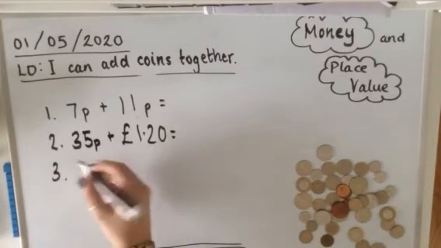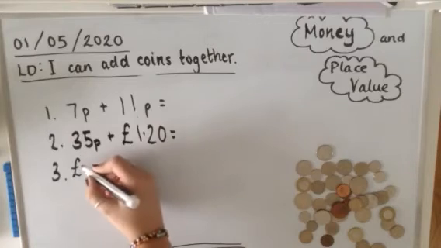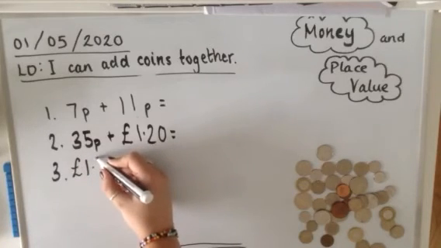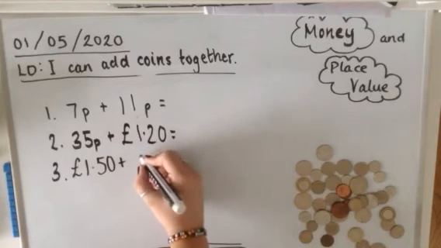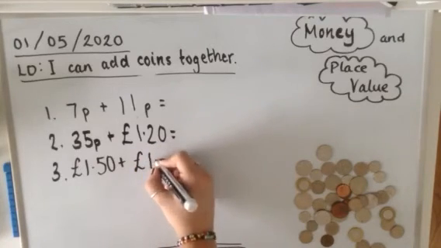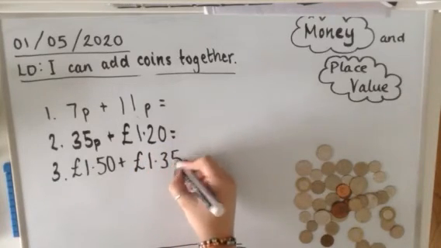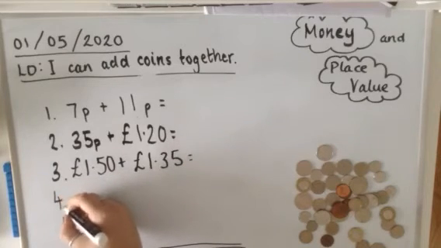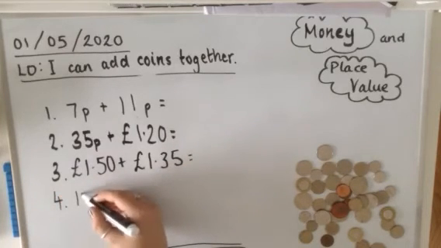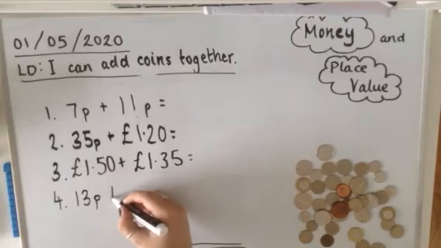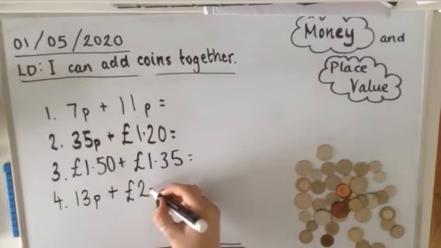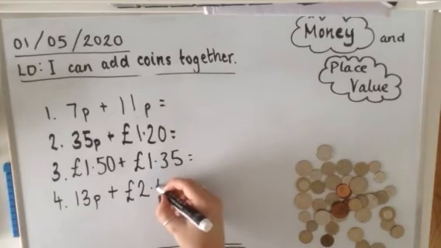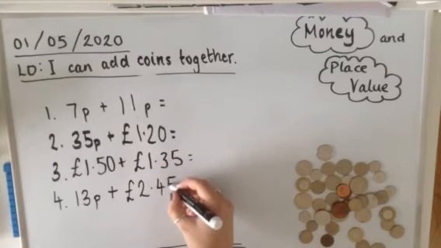Number 3, I would like you to do £1.50 plus £1.35. Number 4, I would like you to do 13p plus £2.50. £2.45.